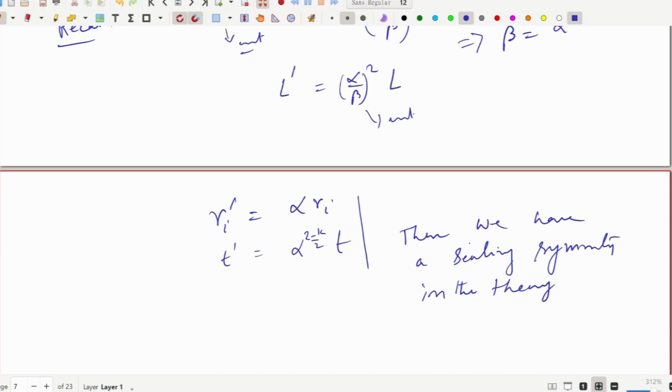Now, instead of two independent parameters, we have only one parameter alpha, and we find the dynamics will not change. The Lagrangian will shift by L prime equal to C times L, an overall constant.